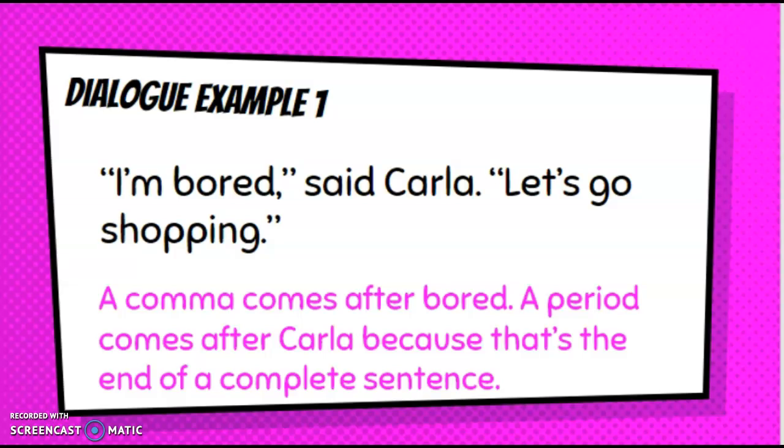So we're going to go through a couple of examples. Here it says, "I'm bored," said Carla. "Let's go shopping." So this is its own sentence, and this is its own sentence. I put a period and quotations around both of them, and I put a comma after "bored" to separate that from the speaker tag.